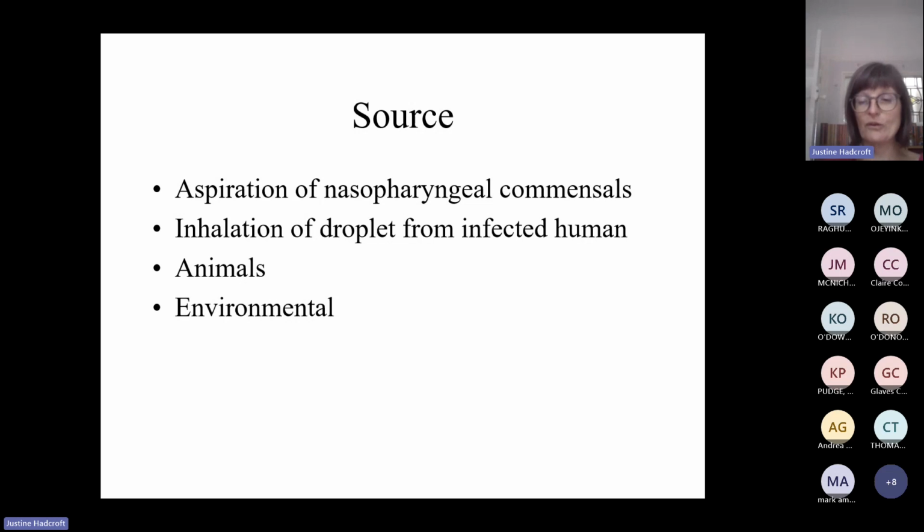So that's why it's really important to wash your hands regularly, to try and reduce the amount of organisms you've got on your hands that you might put up your nose or rub all over your face.